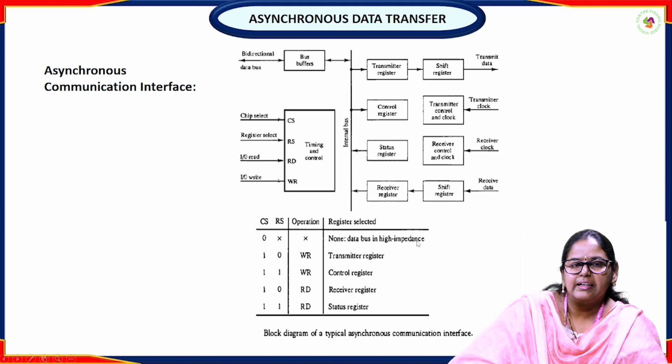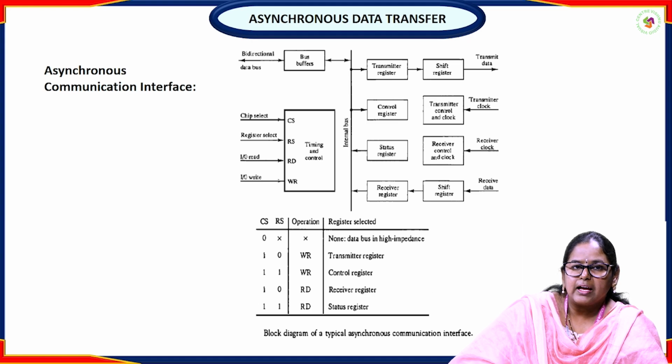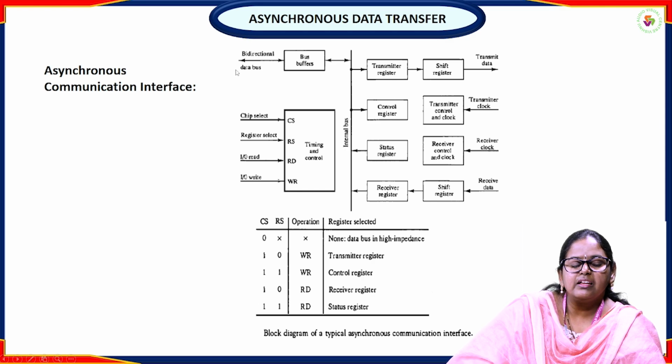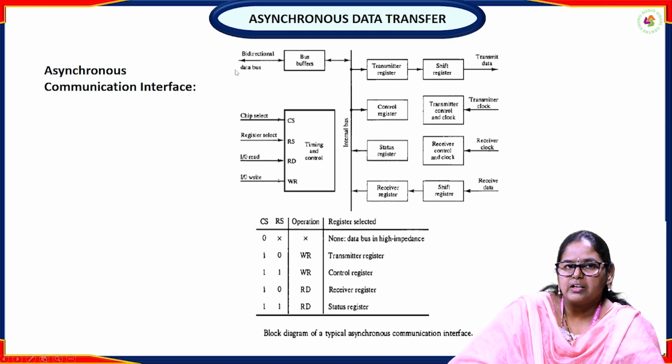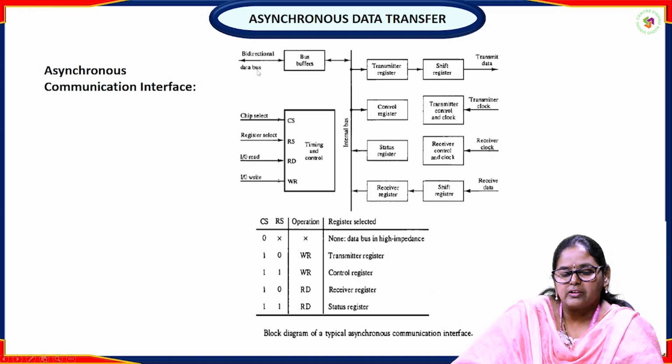It transmits the data to any of the output devices and it receives the data from any of the input devices. So this asynchronous communication interface acts both as a transmitter and the receiver. Let us see how exactly it will transmit the data. If the data needs to be transmitted from the CPU registers to the transmitter register, it will come through the bidirectional data bus.